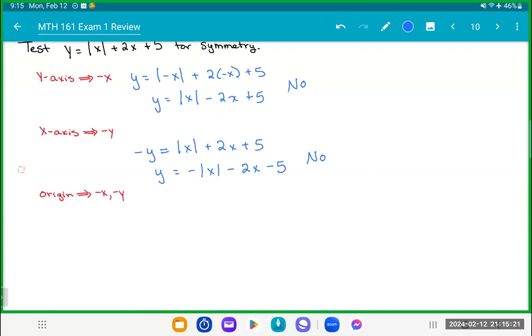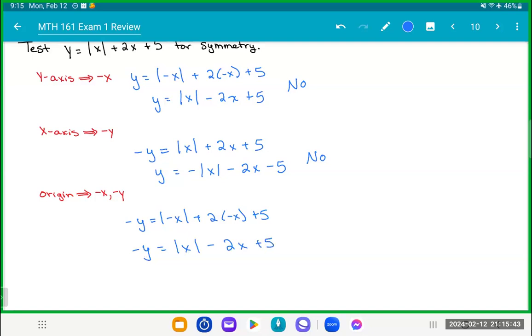And now let's switch both of them. So we have negative y equals absolute value of negative x plus 2 times negative x plus 5. When we simplify this, we end up with negative y equals absolute value of x minus 2x plus 5.